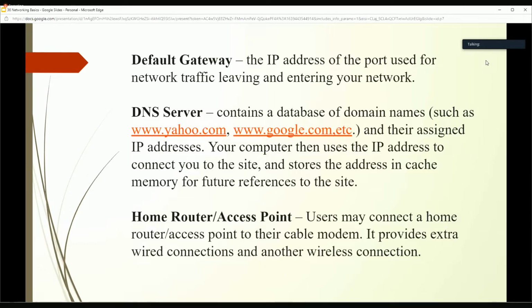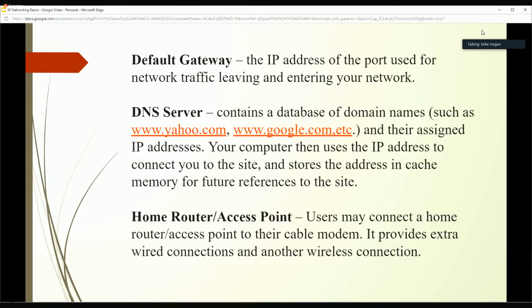Other important network device addresses, this default gateway. So the default gateway is the IP address of the device for network traffic that's leaving and entering your network. Basically, when you send out a request for traffic to go to some location, the first thing it's going to do is look at that network address, and it's going to determine, is that network local or somewhere else?